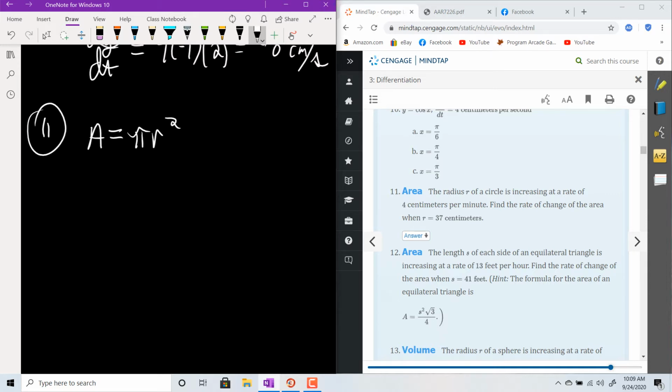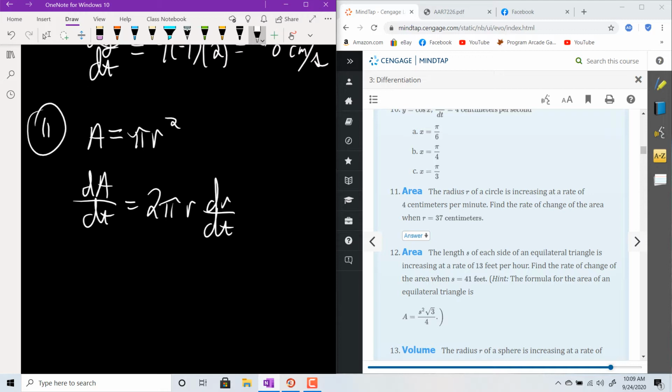We need to differentiate this thing implicitly in order to work with it. We'll have the derivative of A with respect to t equals, on this other side, bring down the 2, pi r to the first power times the rate of change of r with respect to t. Okay. I should have written down the given information, but what do we have?